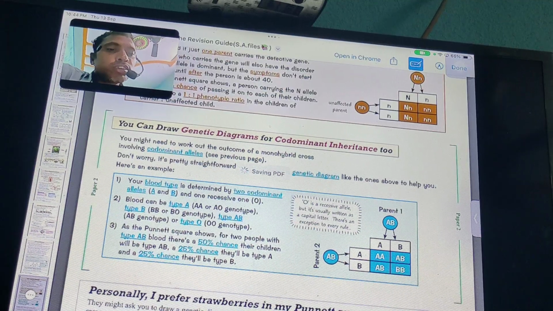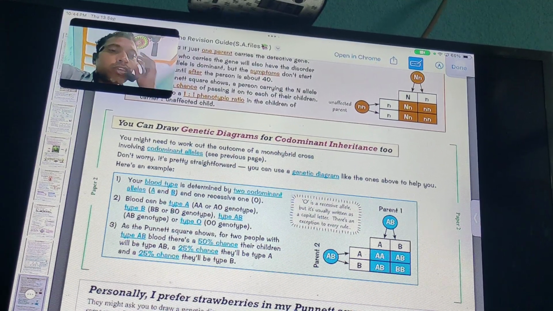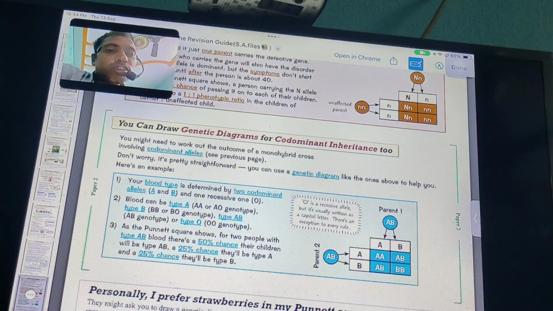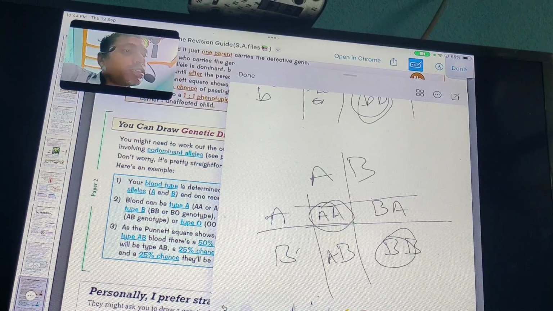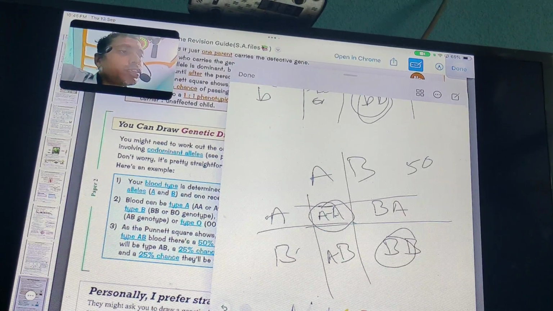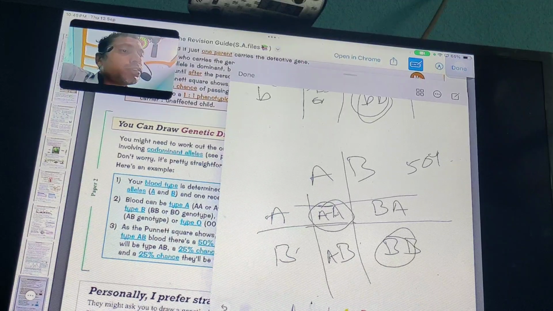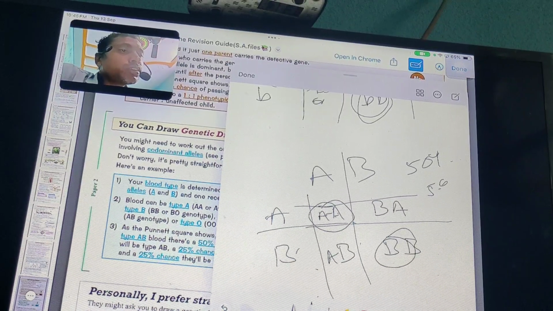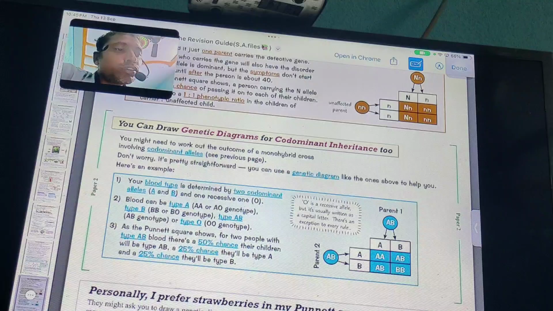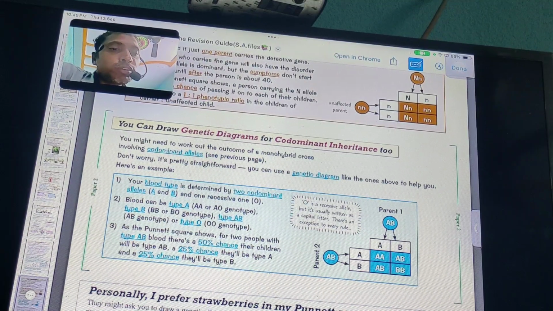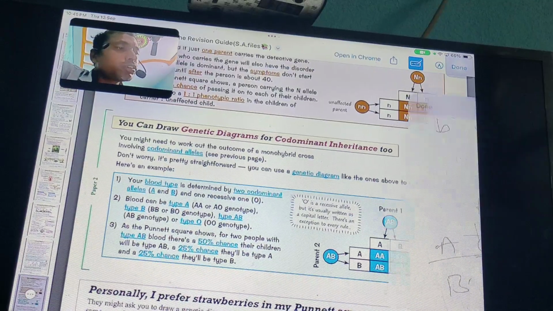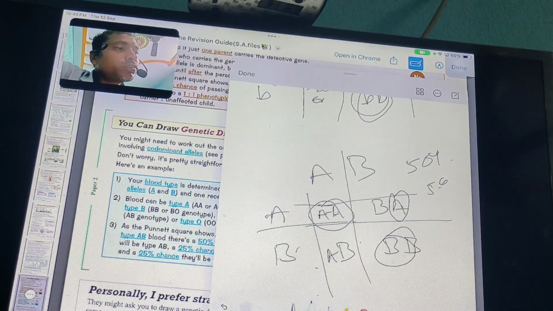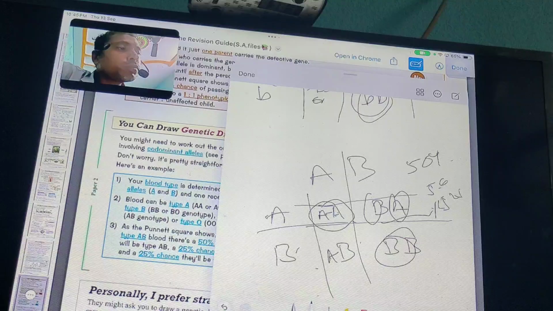Of the children, 25 percent are A type, 50 percent are A B, and 25 percent are O type, which means the O genotype. So A will be 25 percent, B will be 25 percent, and A B 50 percent chance.